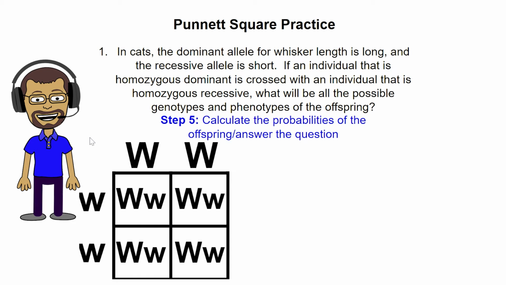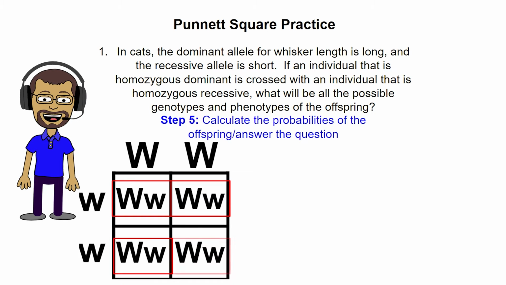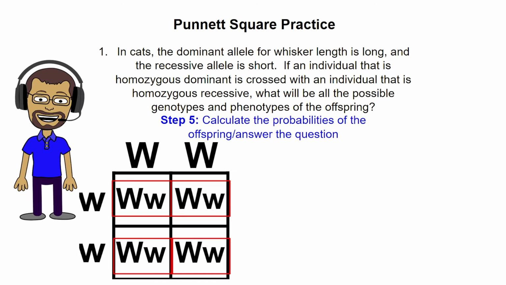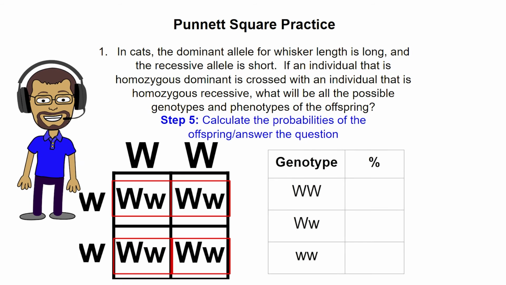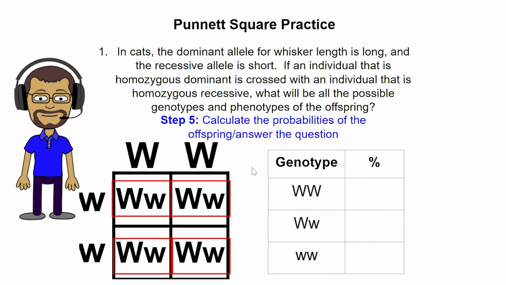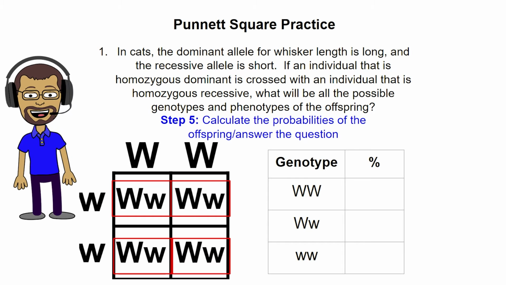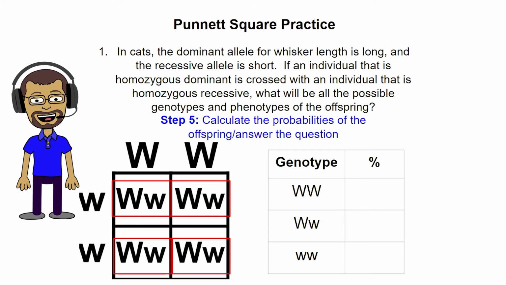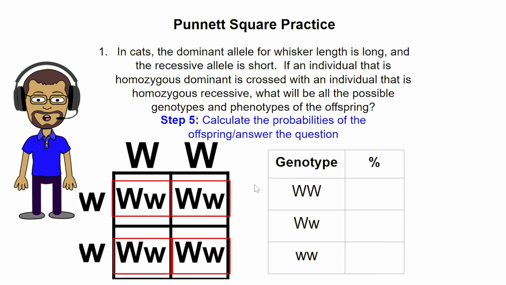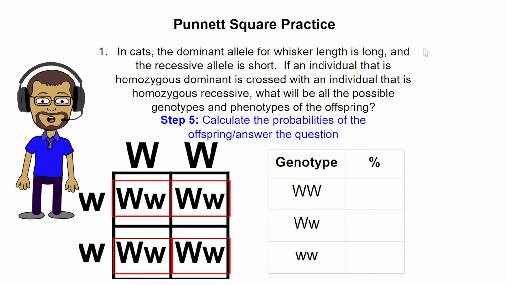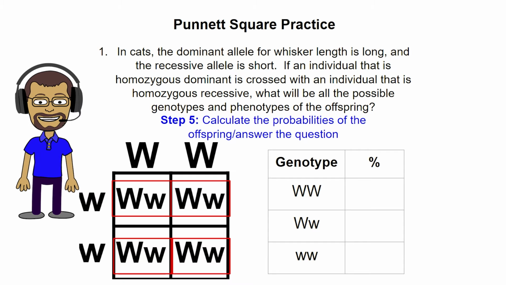Over to the right, I have put the possible genotypes in general: homozygous dominant, heterozygous, and homozygous recessive. You notice there's no homozygous dominant in this square anywhere, so the chance of the offspring having homozygous dominant is 0%.